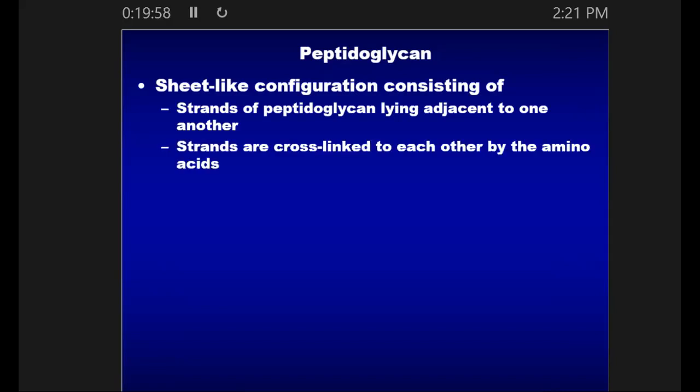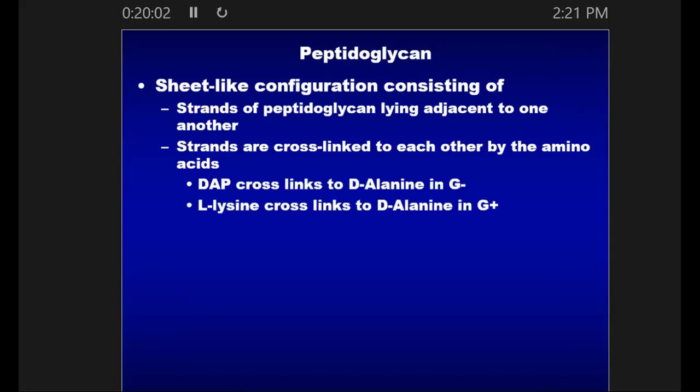The fancy word is cross-linking the chains. And in those figures, you refer back to them, they've denoted like, okay, you see DAC in the red negative, DAC will hook up with the D-alanine in the neighbor peptide chain, and the L-lysine to the D-alanine. Depends on if it's a gram negative or a gram positive.